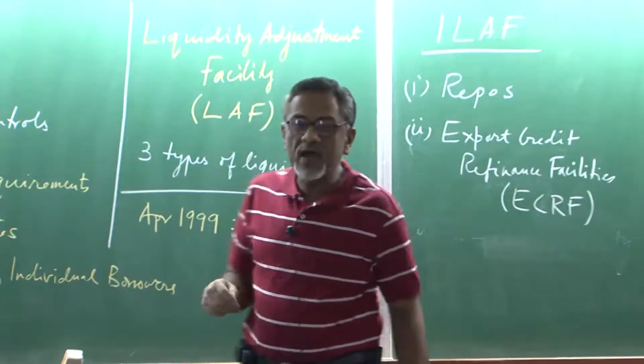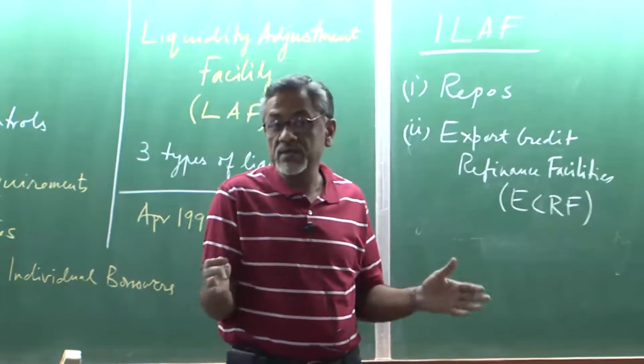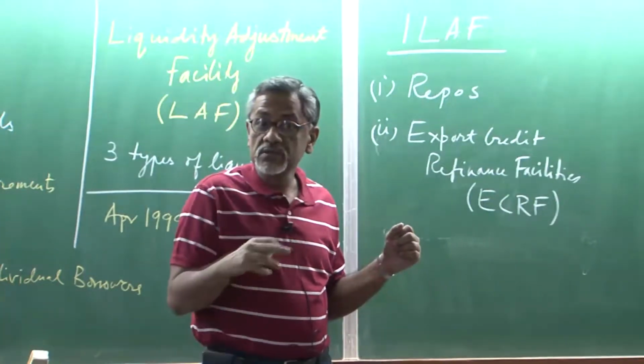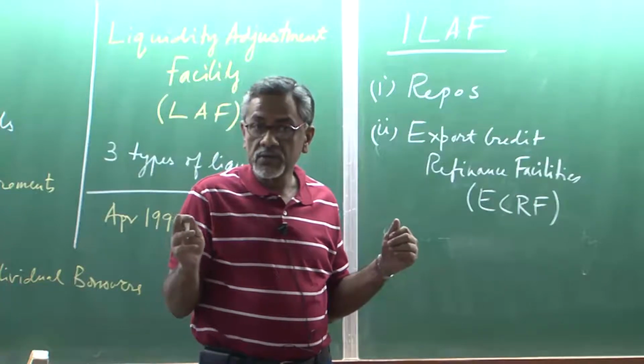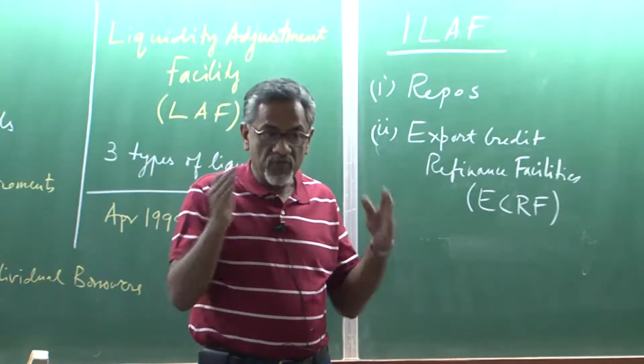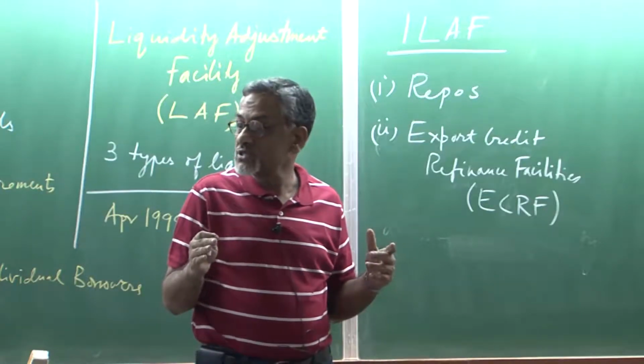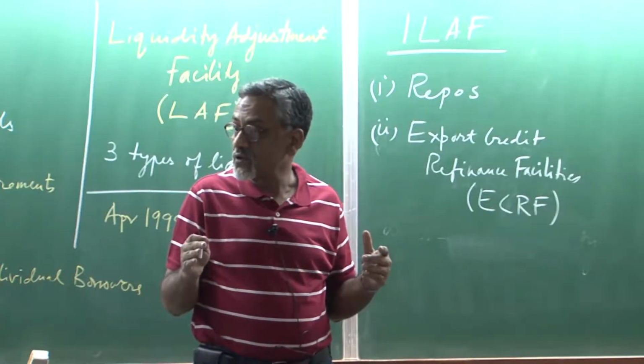So, they would provide banks refinance, because they had just opened up the export market. Remember my notes? Go back to my last course that you credited. When the industrial sector opened, there were a few areas where they went for reforms, and the export sector was one of the major sectors they went for reforms.